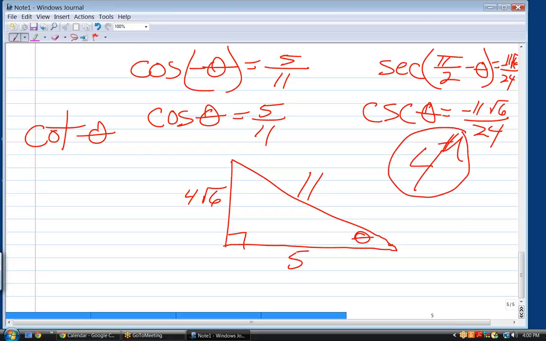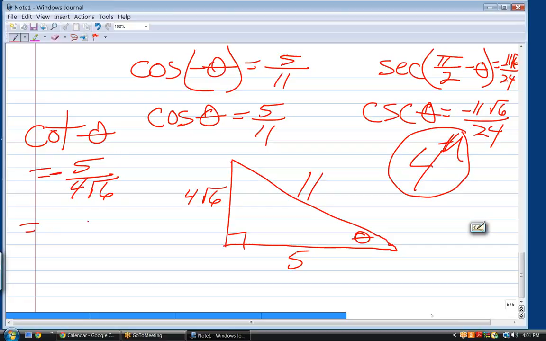Okay, so now what's the cotangent of theta equal to? What's the absolute value of it, first of all? 5 over 4 root 6. And then what is its plus or minus sign? So that's negative. Okay, and then rationalize that.